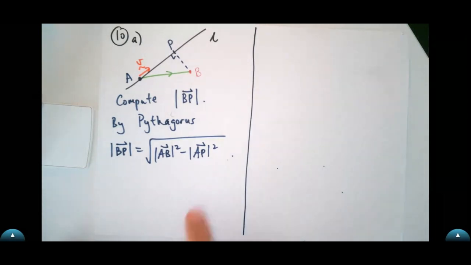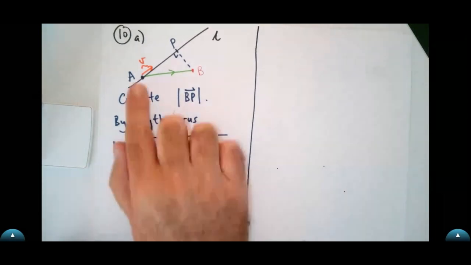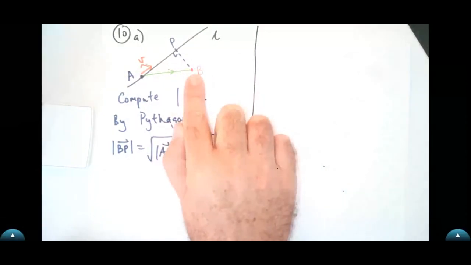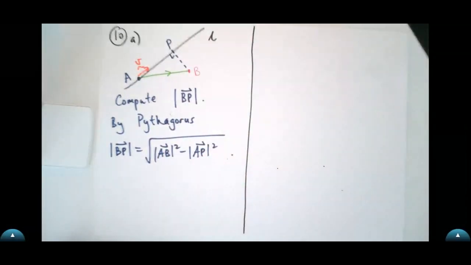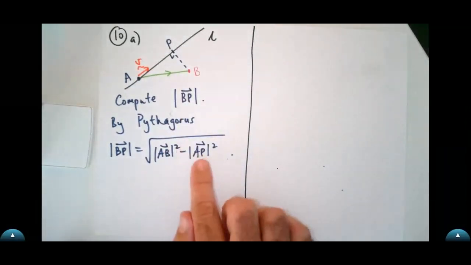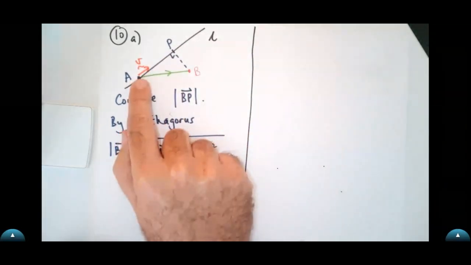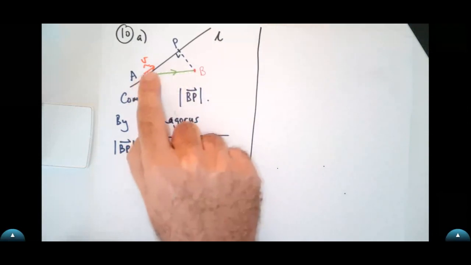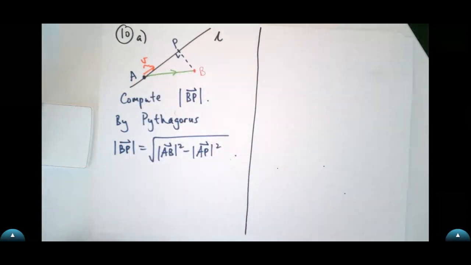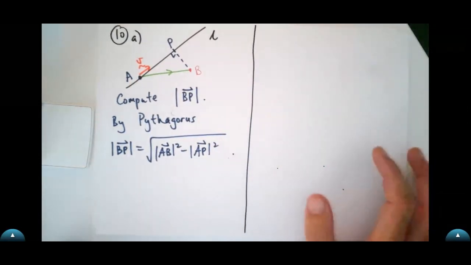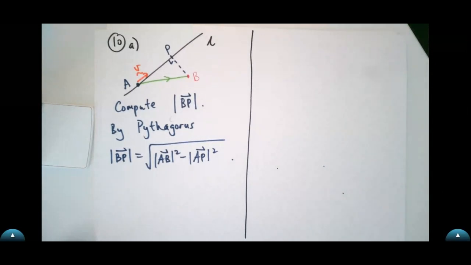So this is easy to calculate because I know this point and this point is given to me. This is a little bit harder. The vector AP is just the projection of this vector on the vector V. So this is one of those questions where you're using projection to calculate something.